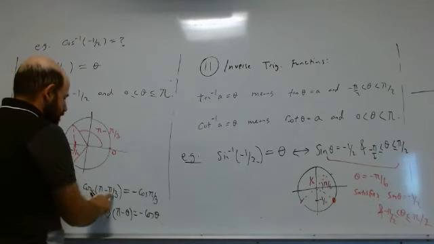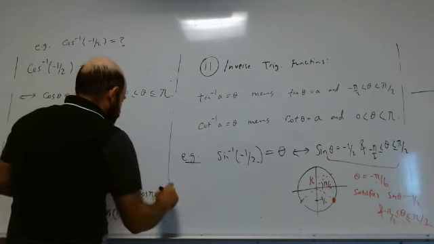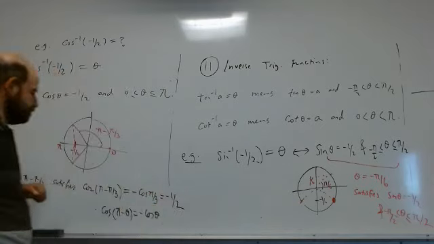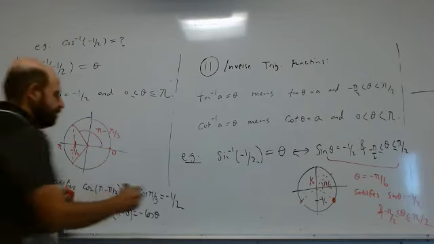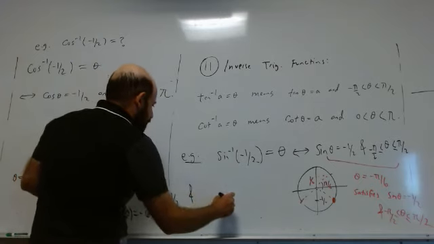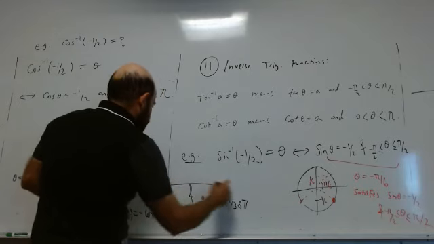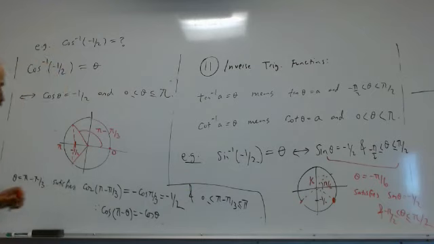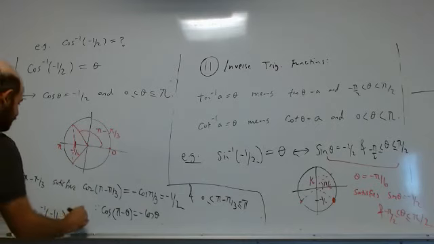So cos of pi minus pi over 3 equals minus cos pi over 3, which is equal to minus 1/2. And of course, pi minus pi over 3 is between 0 and pi. So that means cos inverse of minus 1/2 is equal to pi minus pi over 3.